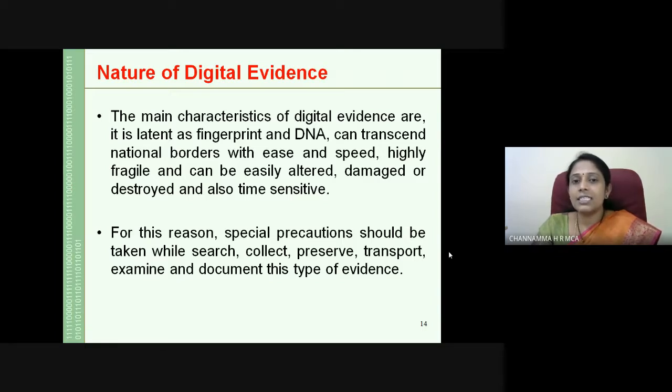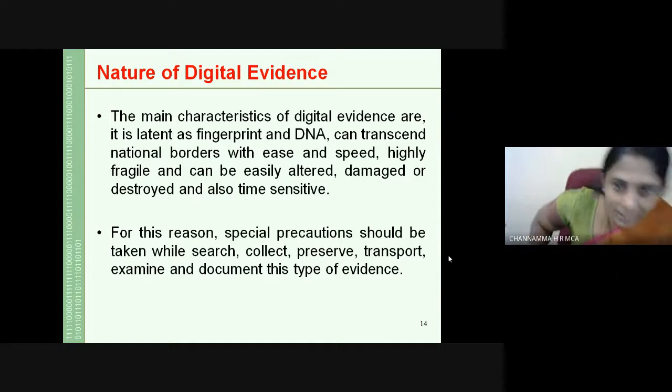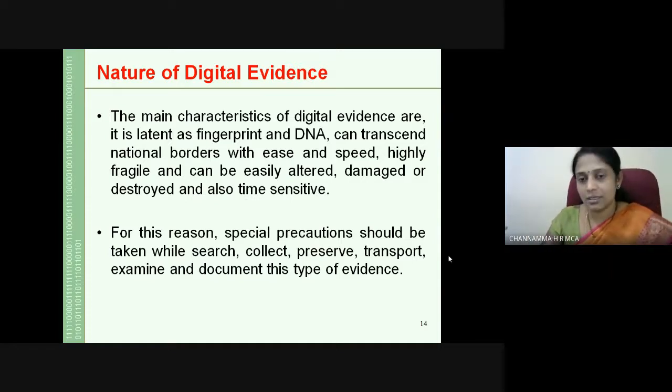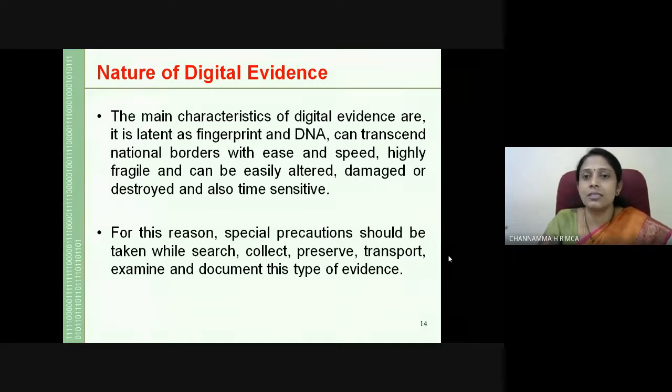The main thing is that it is highly fragile and volatile, and it can be altered, damaged, or destroyed very easily, sometimes without leaving any trace. This is the nature of digital evidence.